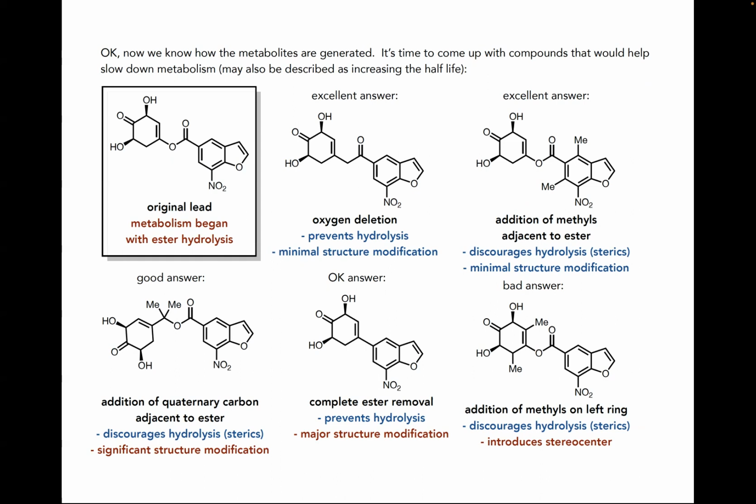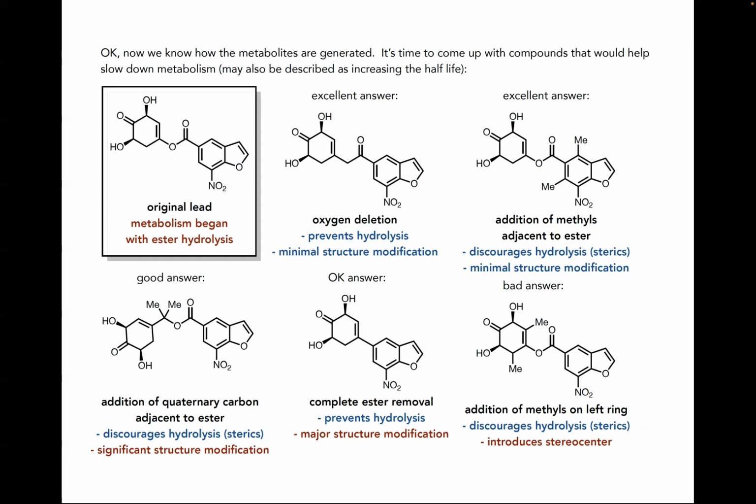Just from a steric standpoint, you can start to disfavor the ester hydrolysis. A perfect place to do that would be on the aromatic because it's closest to the ketone, for one. But on top of that, it's also a real convenient place to put it that's not going to introduce stereocenters. And we'll talk about that in just a second.